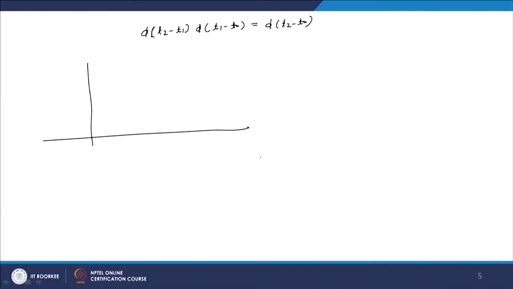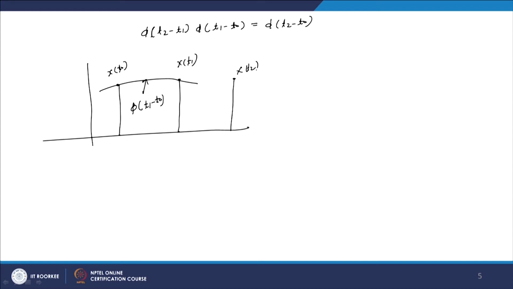Here is one point, and another point here. Here is x of t0, and here is x of t1. The state has been transferred from x of t0 to x of t1, and that has been represented by phi of t1 minus t0. Then, similarly, take x of t2.